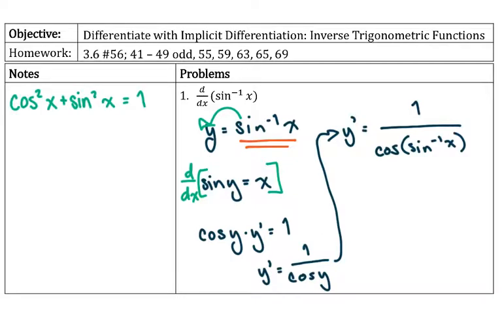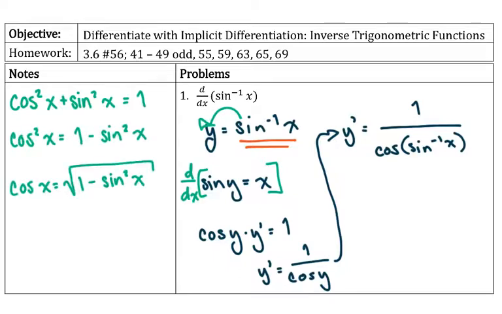A function I hope that you remember from previous years is that cosine squared plus sine squared equals 1. This is one of your Pythagorean identities. Now, we're going to be replacing cosine, so I'm going to solve for cosine by itself, so that cosine of x is equal to root 1 minus sine squared of x.